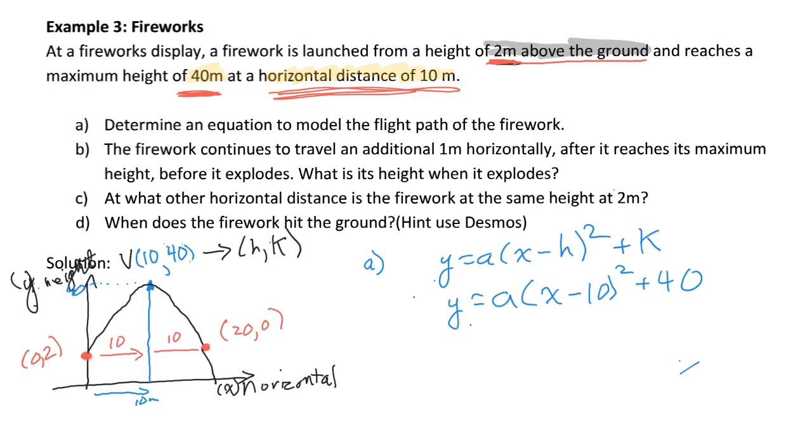I'm going to make a correction here. This point here is supposed to be (20, 2). So now we're going to take either (20, 2) or (0, 2), one of those two points, and plug that in as the x and y of our parabola.